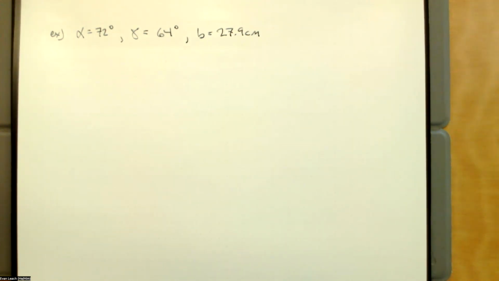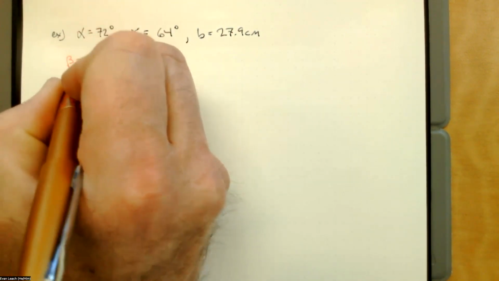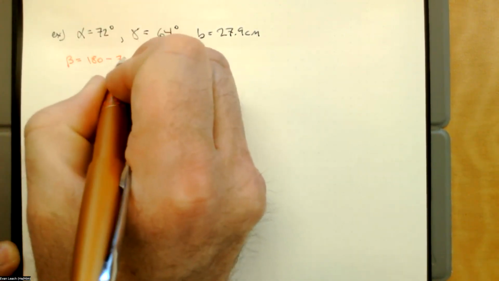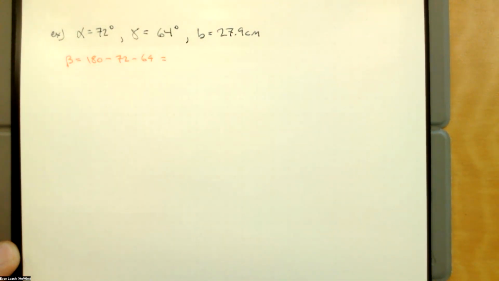Our reaction should be the same. We see that we have two angles, so we immediately want to subtract to find the third angle. So beta is 180 minus 72 minus 64 this time. So that's going to be 44.